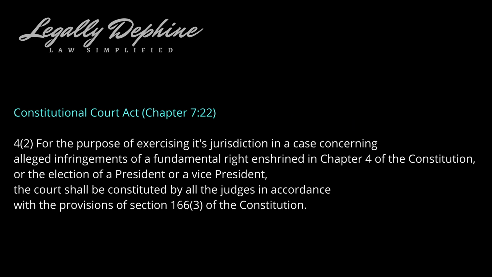In terms of Section 4, subsection 2 of the Constitutional Court Act, for the purpose of exercising its jurisdiction in a case concerning alleged infringements of a fundamental right enshrined in Chapter 4 of the Constitution, or the election of a president or a vice president, the court shall be constituted by all the judges in accordance with the provisions of Section 166, subsection 3A of the Constitution.